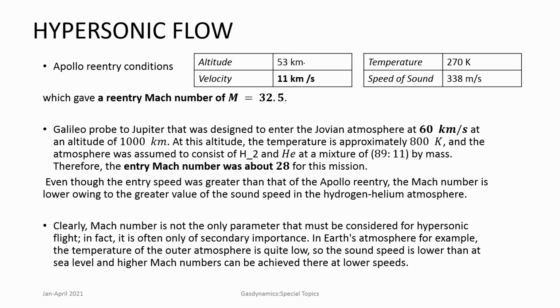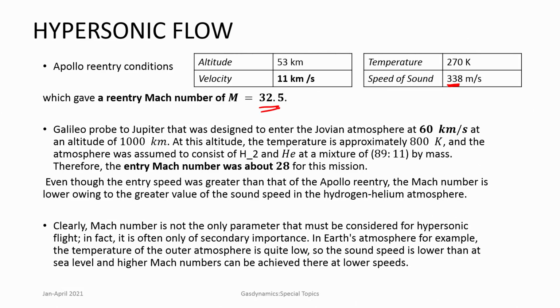There at an altitude of 53 kilometers, the velocity was 11 kilometer per second. Speed of sound at that altitude is 338 meter per second. So, if you calculate Mach number, it is a very large number, 32.5.